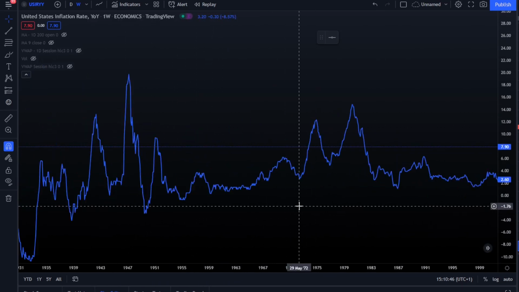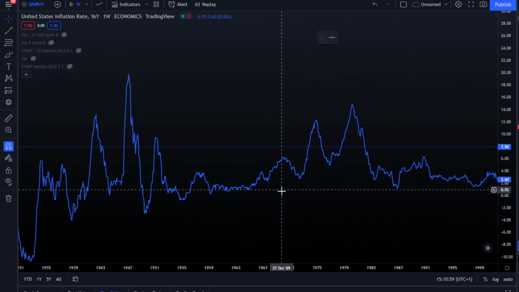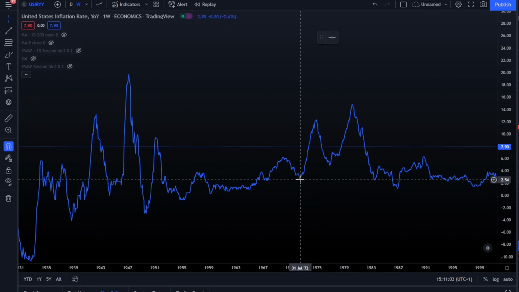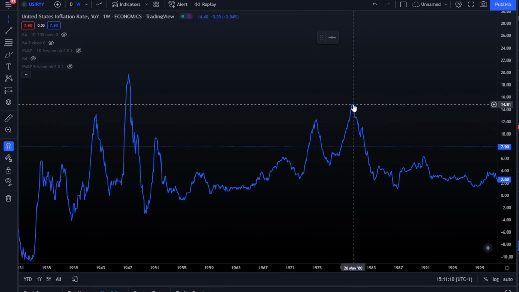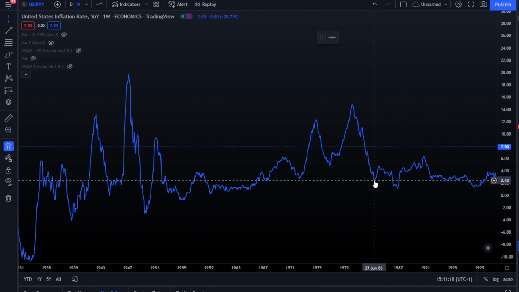Now, from the low up to the high, we had the low put in 72 at a rate of 2.5%. We had the first high put in 74, 12%. Second and final high put in 1980, 14, or call it 15%. And then our low didn't come back in until June of 83.